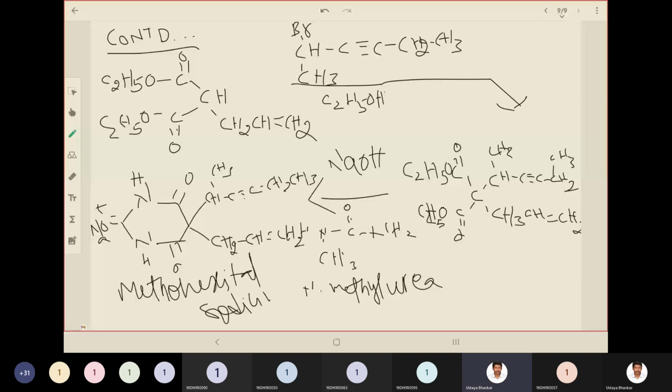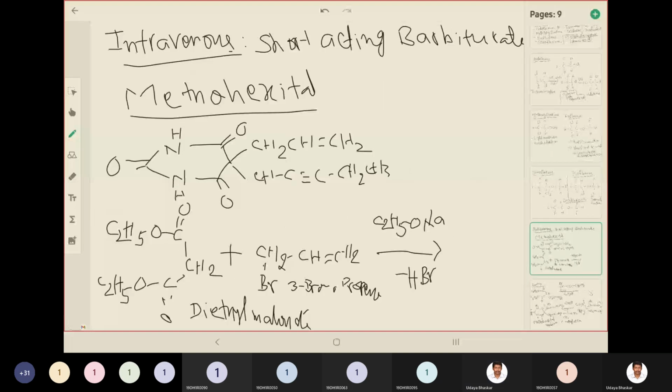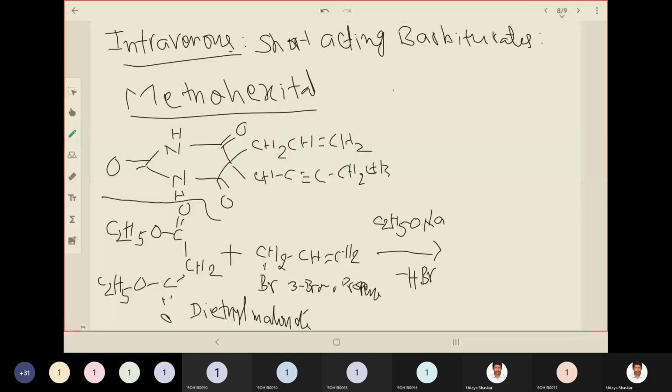So this is what we are doing in the same approach, the retrosynthetic approach. So we know the structure of methohexital. Fine. So this is the structure. So what we are doing, we are taking this part, malonic ester.